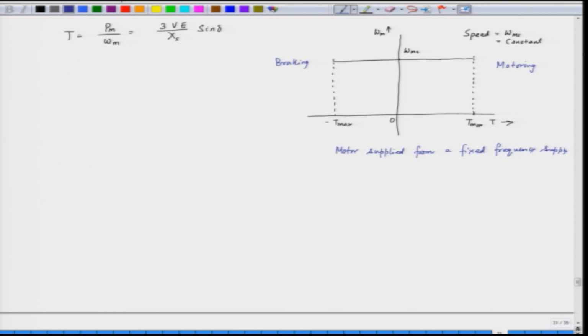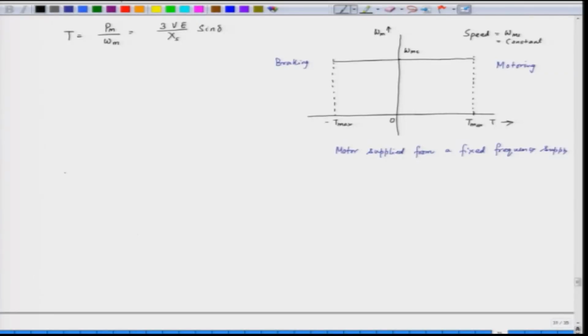Let us see the analysis of a salient pole synchronous motor. Now, for a salient pole wound field synchronous motor, we have to draw the equivalent circuit, because here the air gap is non-uniform.